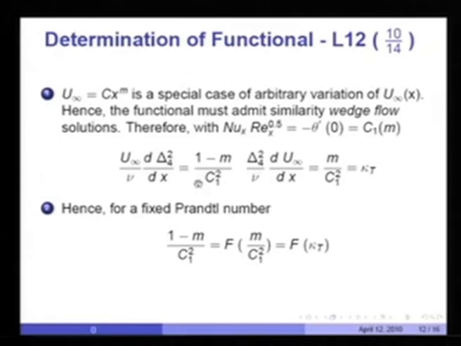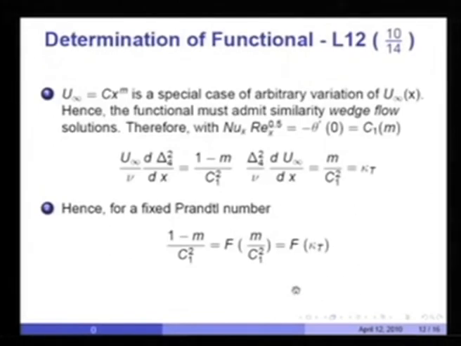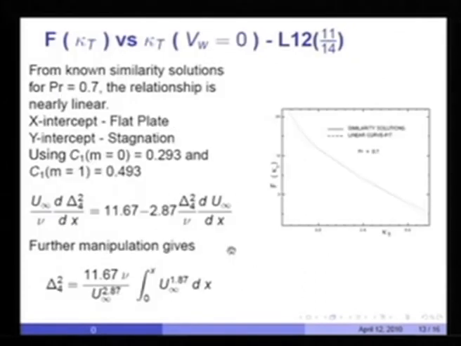So, basically the relationship that we had here is simply equal to m by C 1 squared, f of kappa t, where C 1 is that belonging to the m chosen. And therefore, by selecting different values of m and correspondingly C 1, I can plot this variation, and this is what I have done on this slide here.